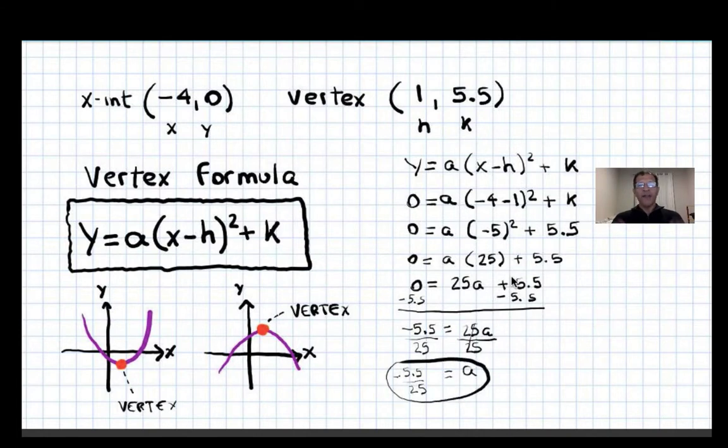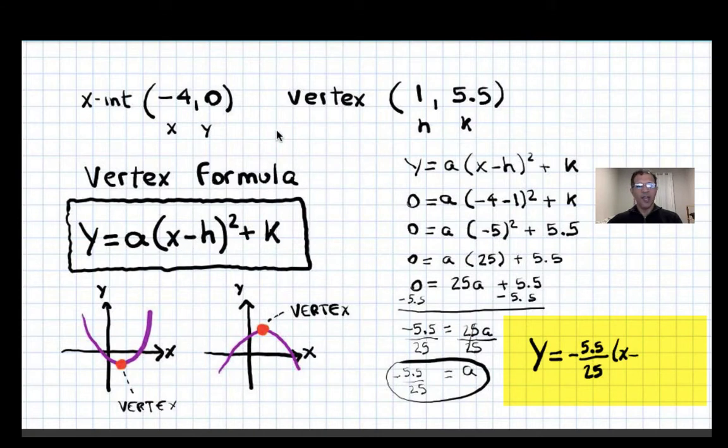Now we've got everything we need in order to find our function. The quadratic function is y equals the number a we've just found, negative 5.5 over 25, times (x minus h).